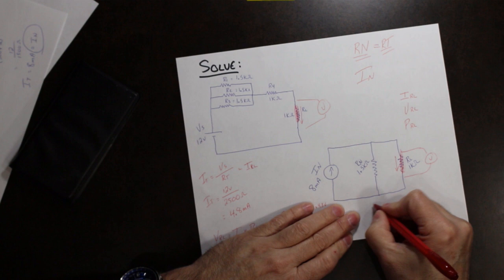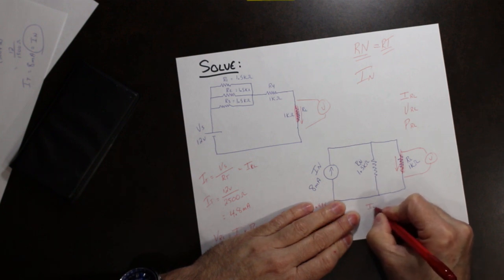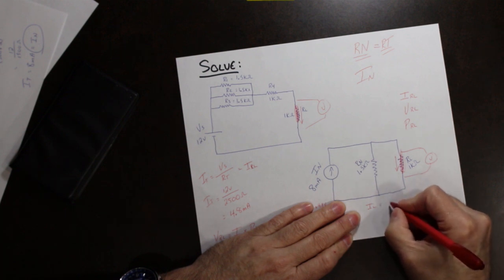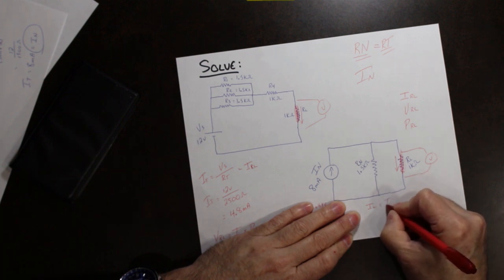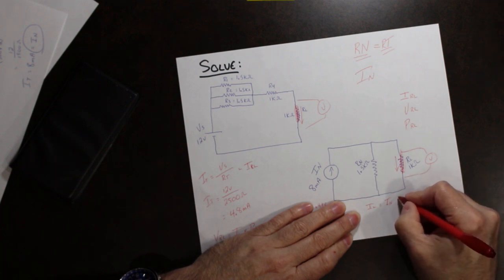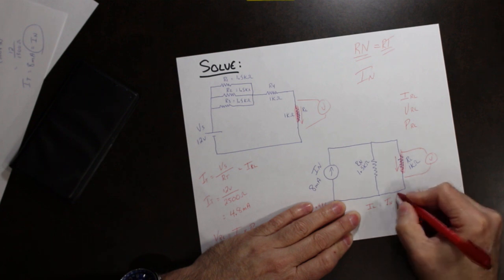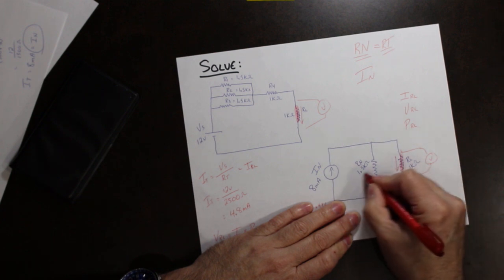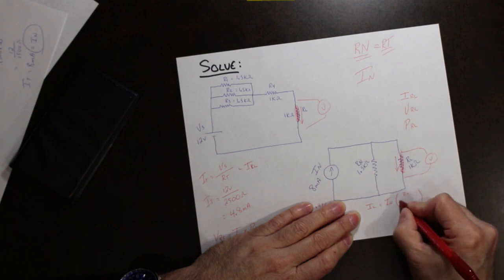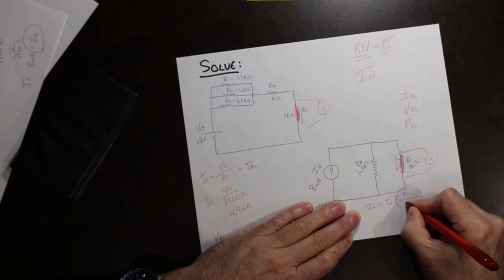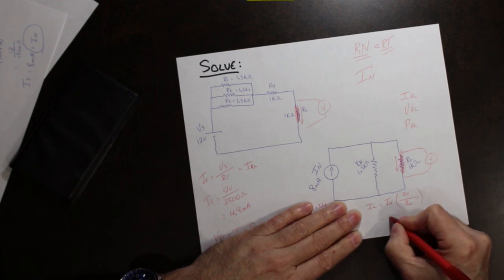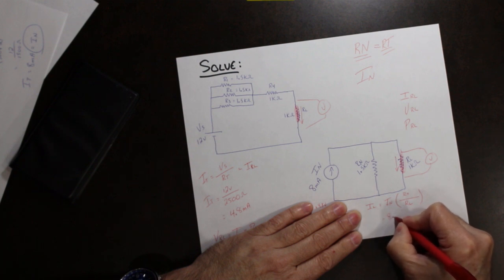So the current divider formula says that IL, the load current here, is equal to the I Norton current times the total resistance of the circuit, R total, divided by RL.